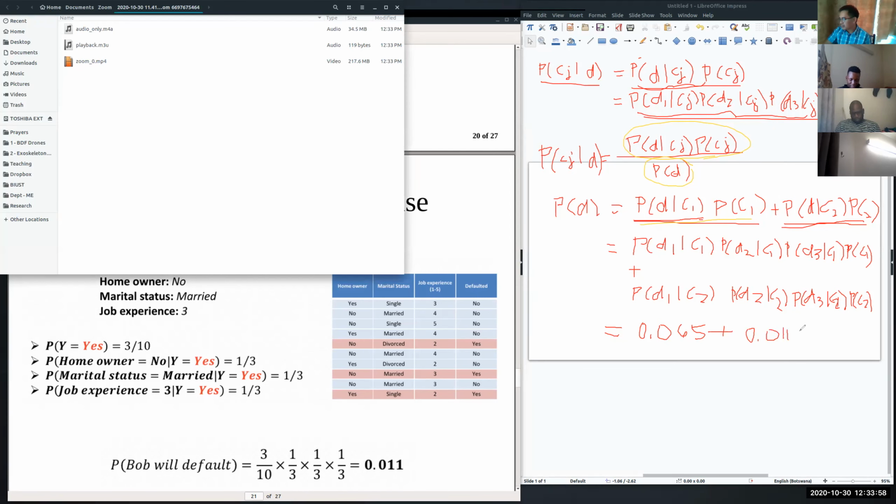So how much is that? 0.076. It is not equal to 1, and so it is not equivalent to the Bayes rule. The computation that is given to us is not equivalent to the Bayes rule.